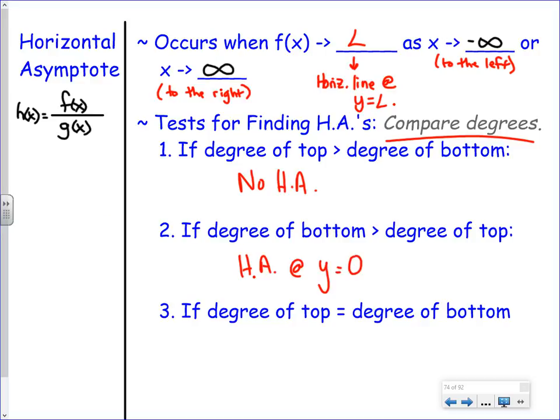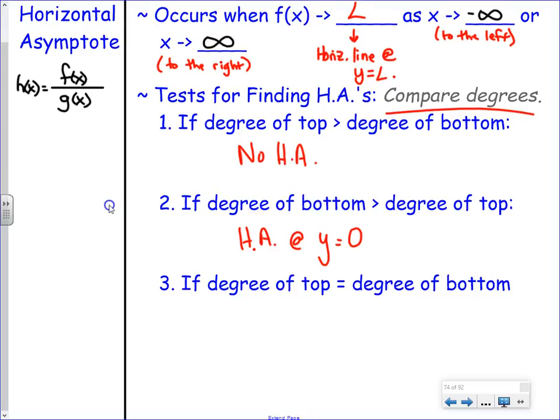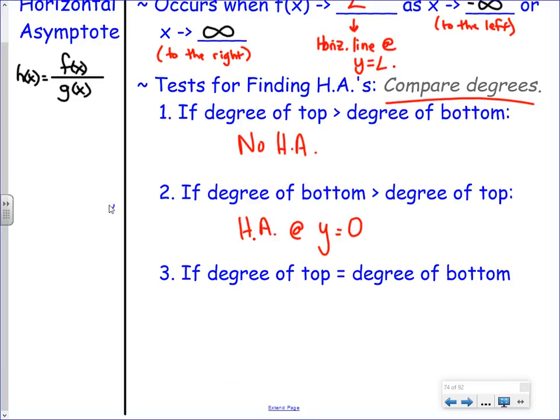And then, if the degrees are tied, the degree of the top is equal to the degree of the bottom, as you guys just saw me do a second ago, then the horizontal asymptote is going to be at the ratio of the leading coefficients.